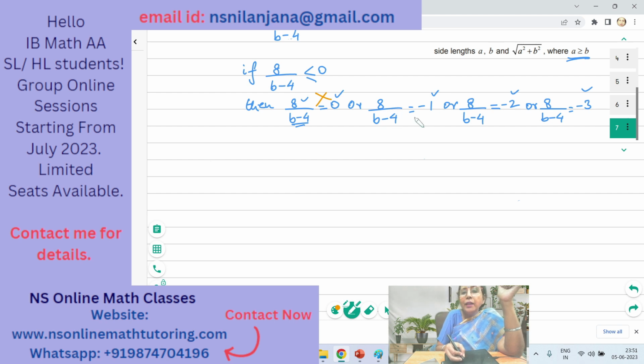8 over (B minus 4) equal to negative 1. Then that means what?